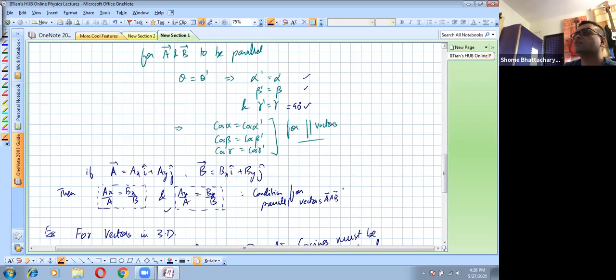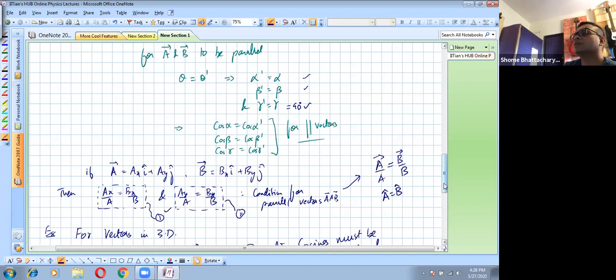So again, these two equations can also be combined, and it can be written that vector A divided by its magnitude must be equal to vector B divided by its magnitude. Let's say this is equation 1 here, and this equation 2 here. Okay. So these two can be combined. So again, here also it is A cap is equal to B cap.